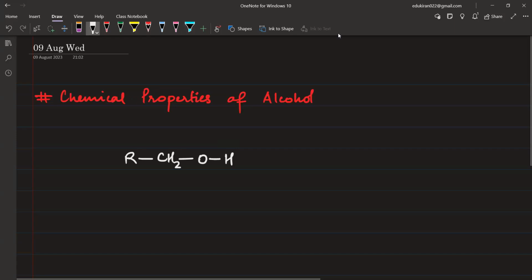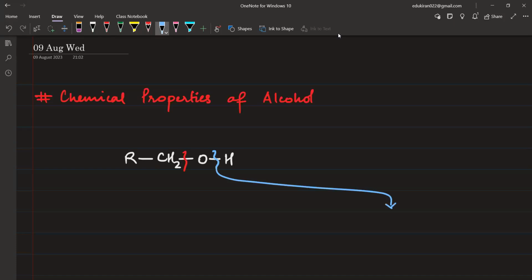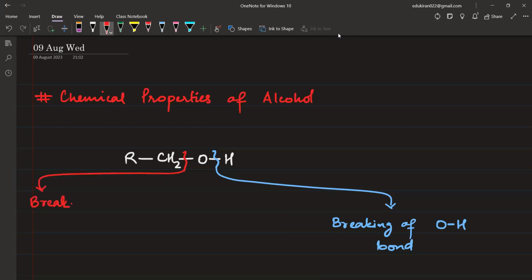The first bond is this carbon-oxygen bond, which could be broken, and the other one is the oxygen-hydrogen bond. Okay, so we are going to look at two different reactions. First of all, we are going to look at the reactions that involve the breaking of the OH bond, and then we have the breaking of the carbon-oxygen bond.